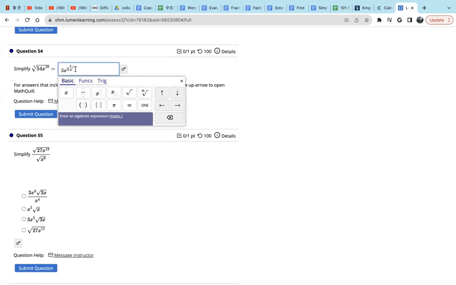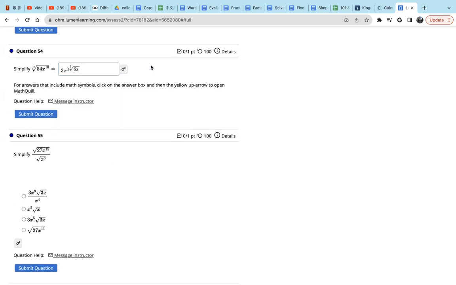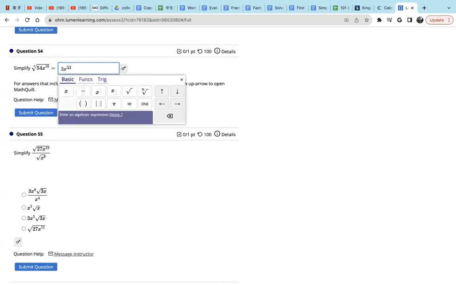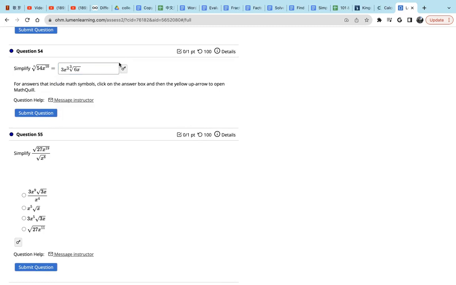So 3 comes out and x cubed comes out. And then what's left? 6 and x, right? Left inside the cubic root.